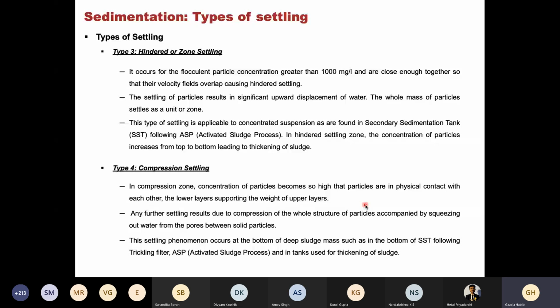So there are two tanks. The first tank is also known as the aeration tank, where air is provided to speed up bacterial growth and activity.